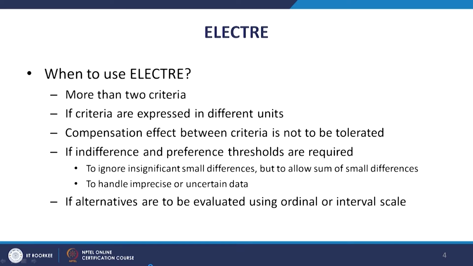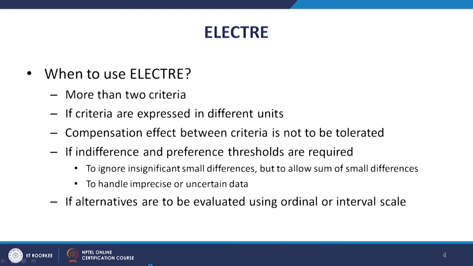Sub points are also mentioned here, for example, to ignore insignificant small differences. If there are two alternatives and the difference in the performance of those alternatives is small, something that we as a decision maker would like to ignore, then we can specify that in terms of an indifference threshold.